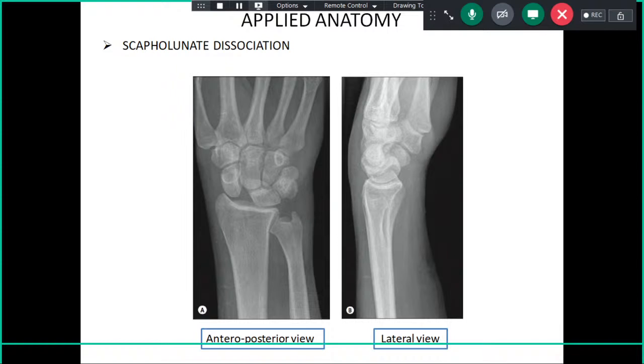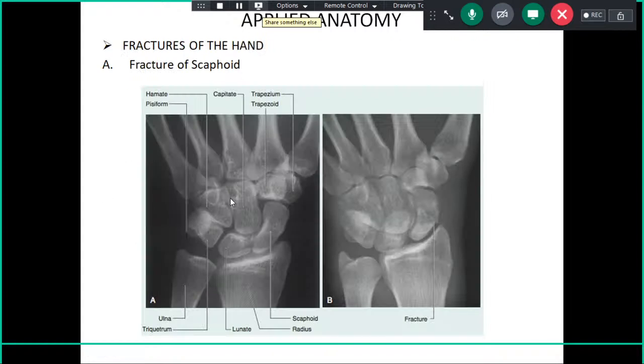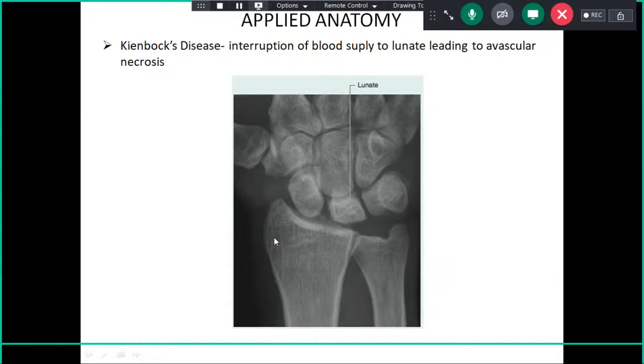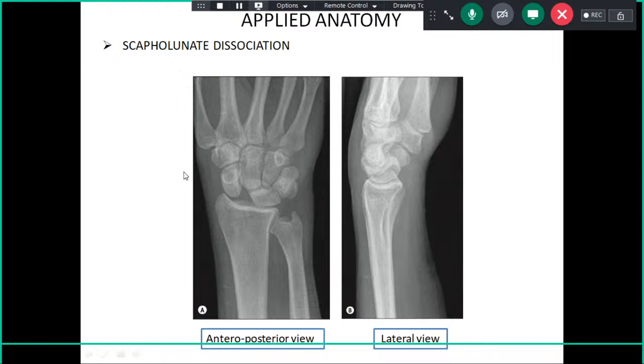Okay, this is a condition, a term which we have, scapholunate dissociation. Can you appreciate? Apart from the normal X-ray, let me go back to a normal X-ray. If this was scaphoid, this is a lunate. You would not see so much of difference in alignment, right? Can you see that over here? This is the scaphoid bone and the lunate bone, triquetrum and the pisiform.